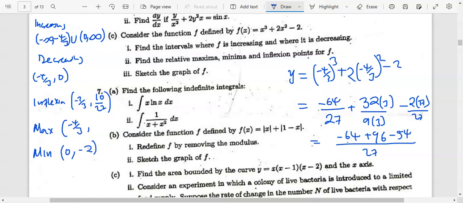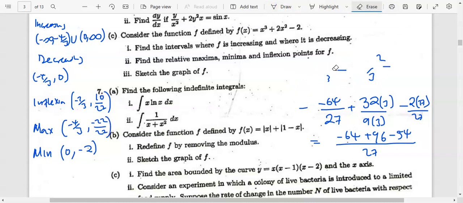So basically we have 96 minus 54 minus 64, which gives us negative 22. So negative 22 over 27. Okay, so this is it. We have answered part 1 and part 2.